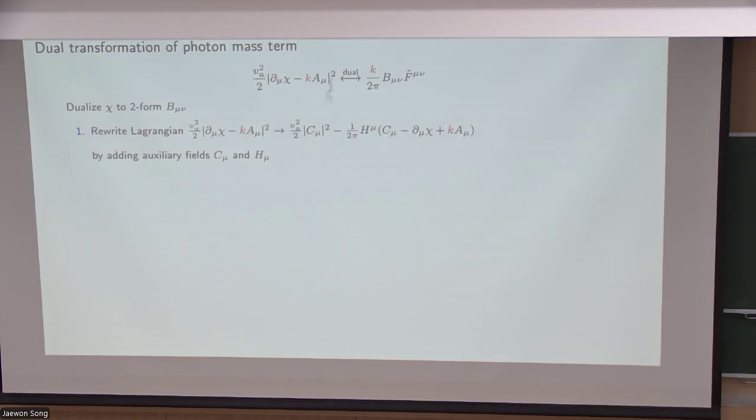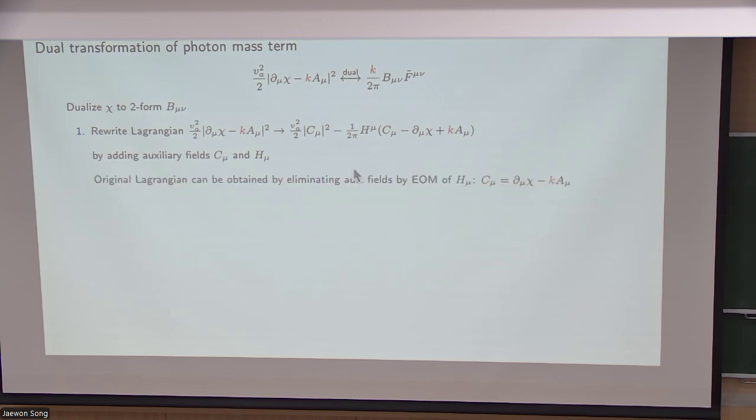So we start with this action and dualize it. First we rewrite this action to this action by adding two auxiliary fields, C_mu and H_mu.